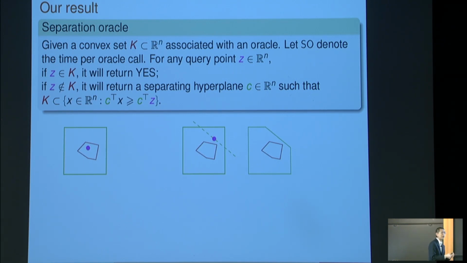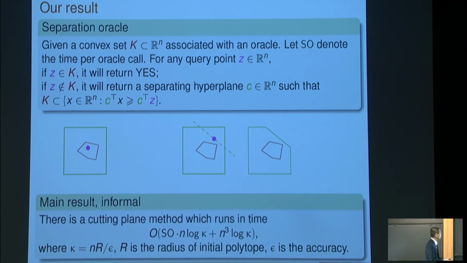I just need to make sure that every iteration the green region shrinks a bit, and eventually after some iterations, the green region is going to be very, very close to the red region. Then at that point, if I ask the query in my green region, it will be very likely the point is going to be in your red convex region. That's how a cutting plane works, how we use it.